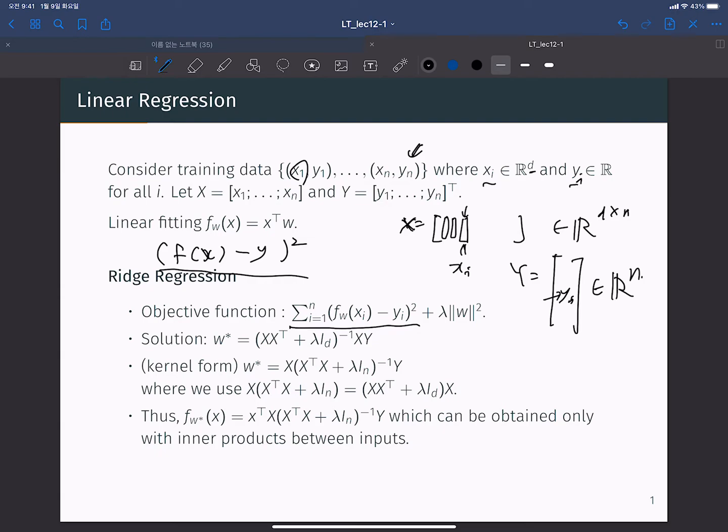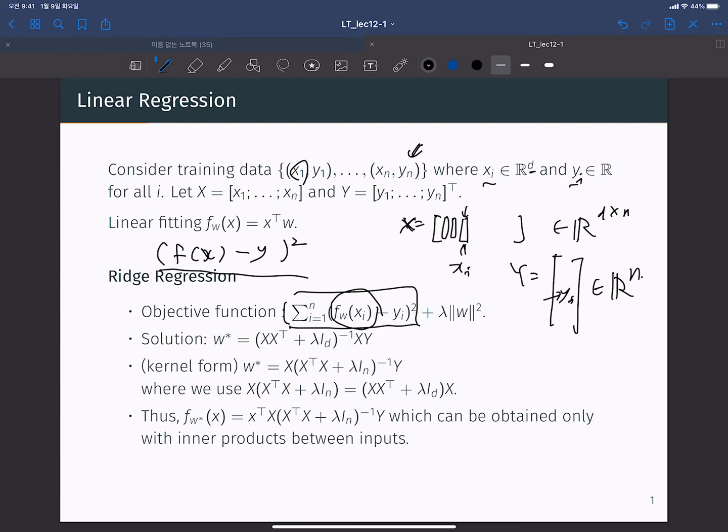Alright, good. Another very interesting point is that the function f can be parameterized with w, so the shape of the function can be controlled by w. The main task of this regression problem is to find the w parameter that minimizes this objective function, that minimizes this mean squared error, this L2 loss.